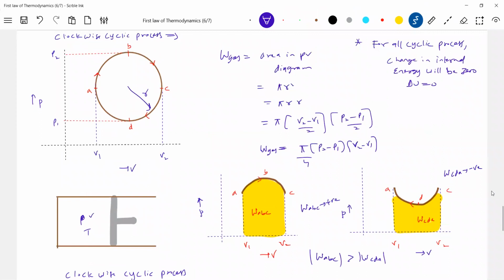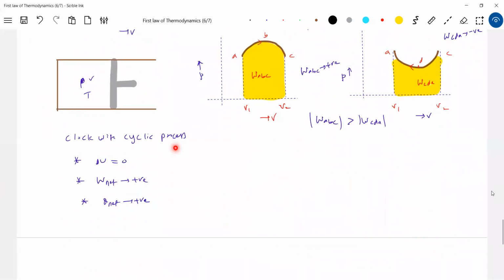You should not think, sir, here it is doing negative work. I'm not saying it does not do negative work. It does negative work, but net positive work is greater than net negative work, so the resultant will be positive only. So for a clockwise cyclic process, change in internal energy is 0, net work is positive. Heat absorbed or rejected? Heat will be absorbed. Q positive means heat will be absorbed by the gas.